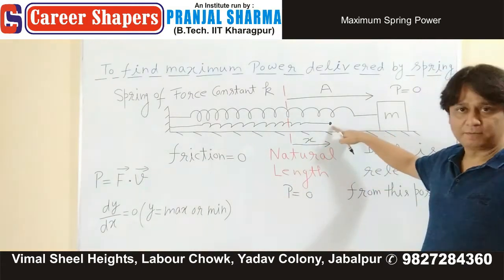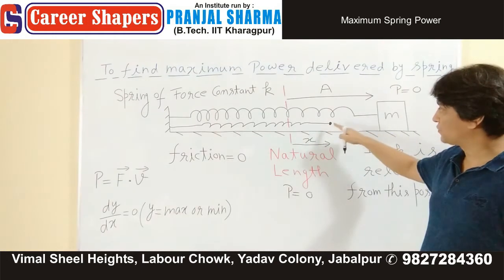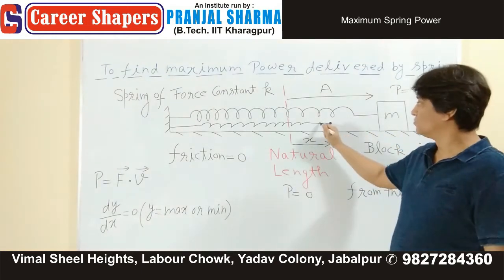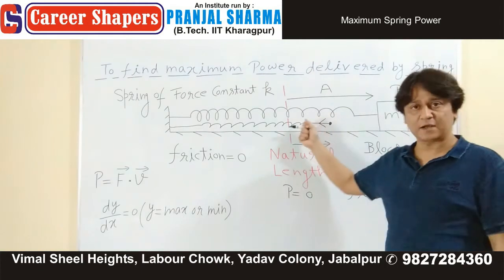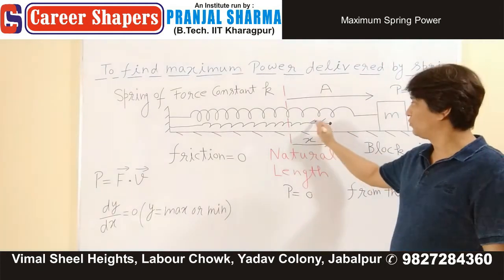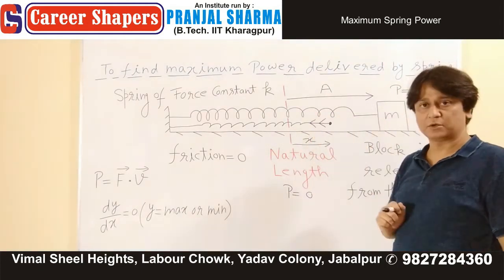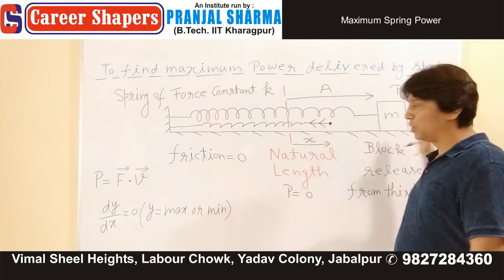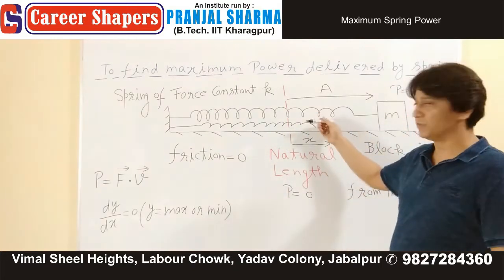At some time, object is found over here, is moving in this direction, and restoring force is also acting in this direction. Spring is pulling the object, it's also moving in this direction.